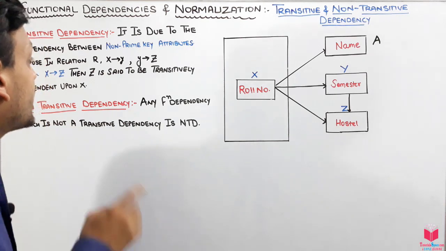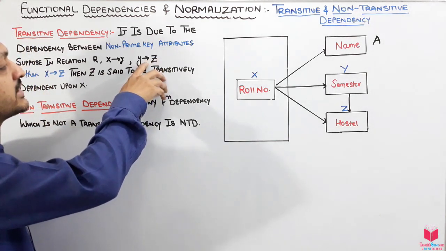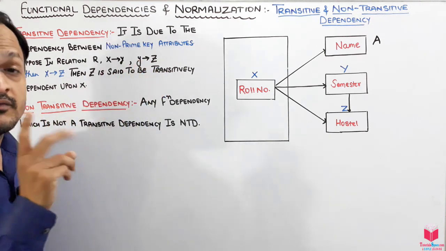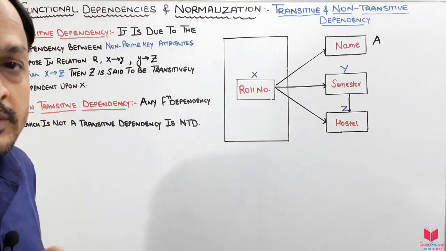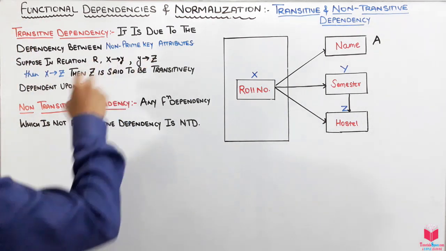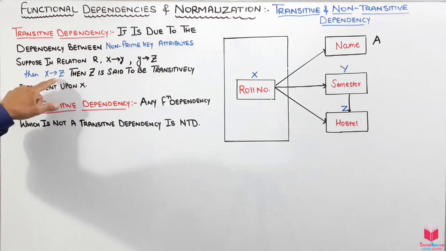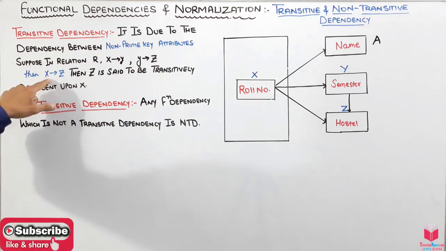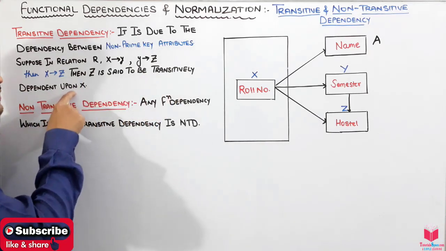And we are given another functional dependency, Z is functionally dependent on Y, where Y and Z both are non-prime key attributes, remember. So if we are given these functional dependencies, then we can say that Z depends upon X. Then Z is said to be transitively dependent upon X.